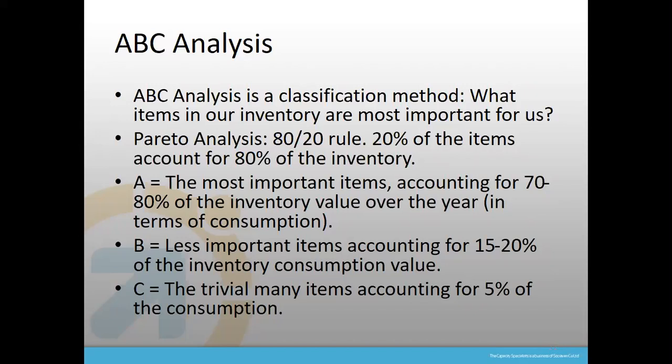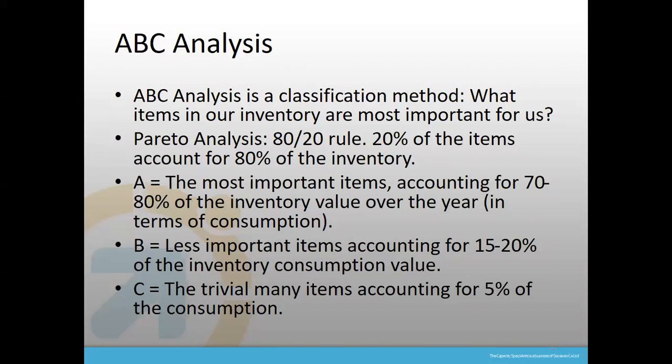Think about that. 20% are very important. They account for 80% of the business. In our case, 20% of all the SKUs, all the items we have on stock, account for 80% of our inventory value.